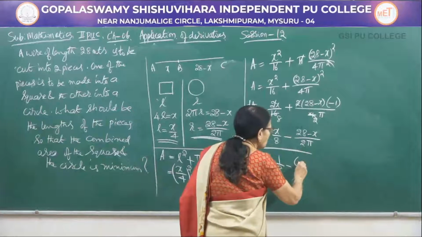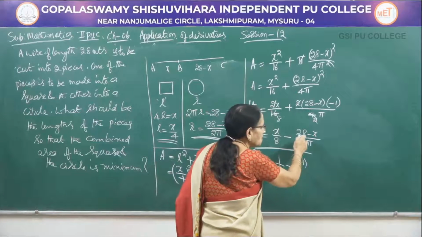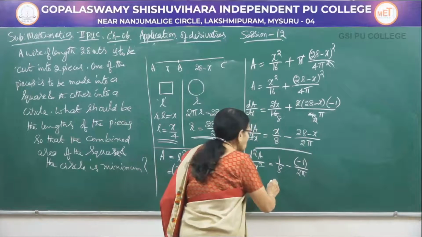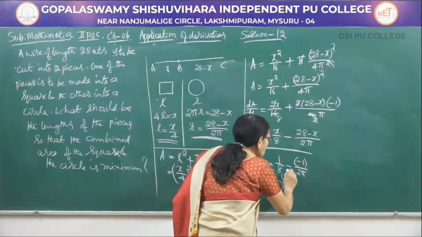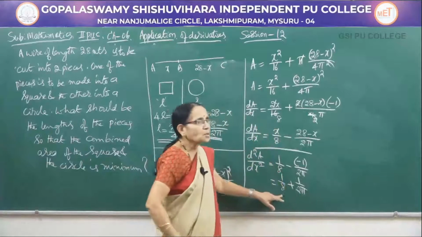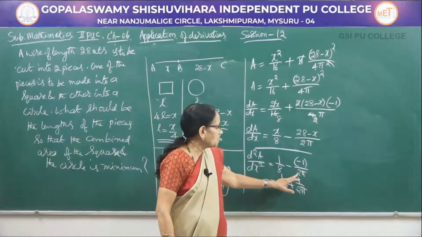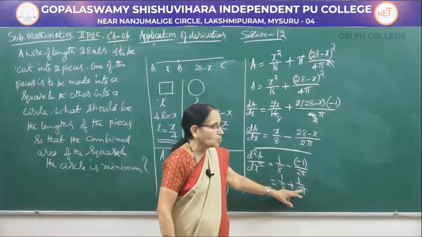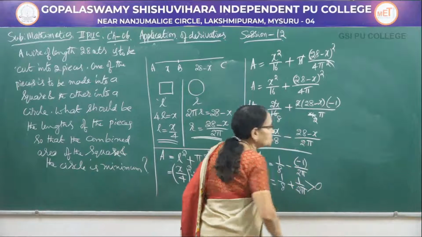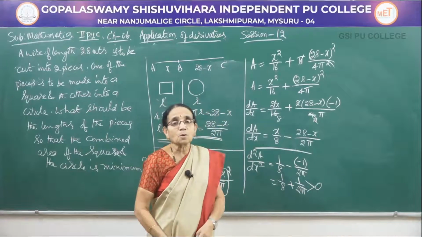If you differentiate, it becomes minus 1, 28 being a constant. Denominator remains the same. That is 1 by 8 minus of minus, plus 1 by 2 pi. Look at this quantity, 1 by 8 plus 1 by 2 pi. Pi is a positive quantity and we are adding, so it is greater than 0. So what is the conclusion here?